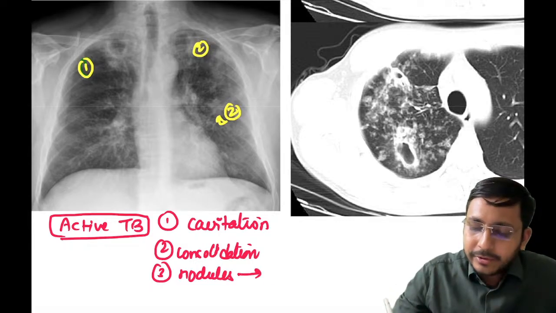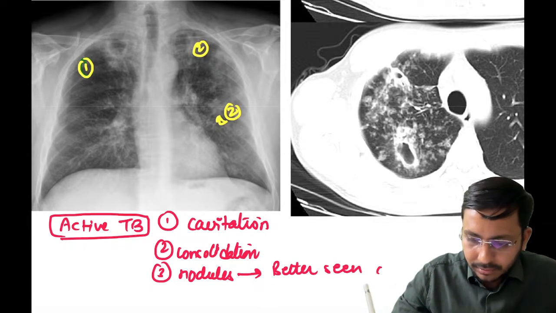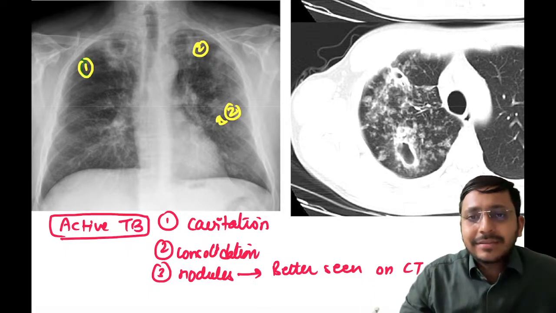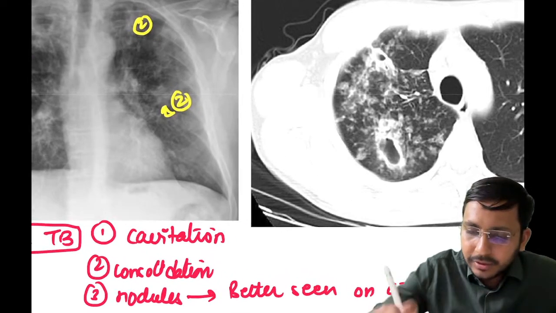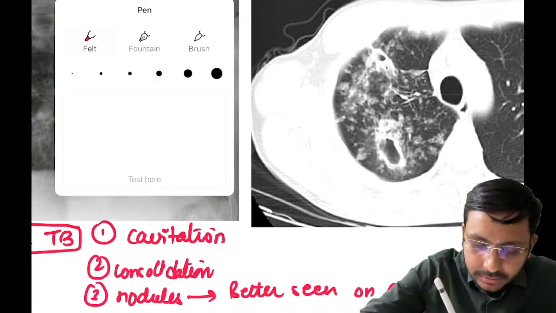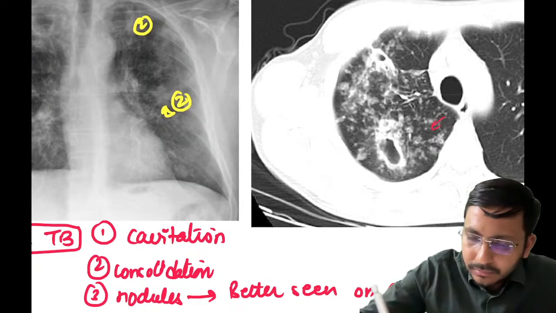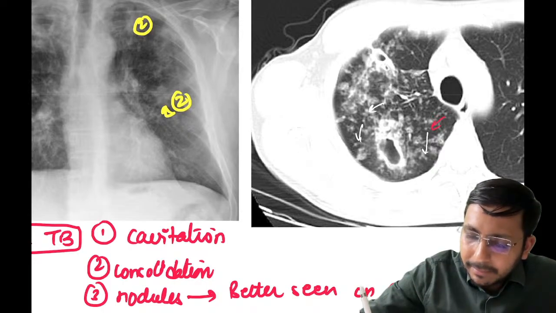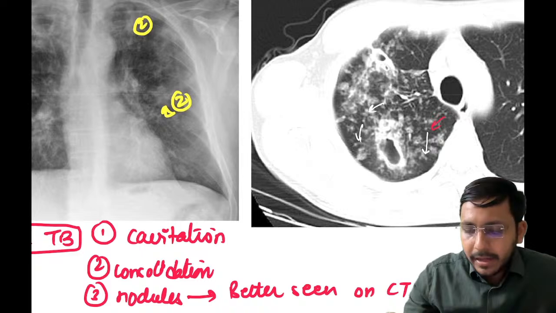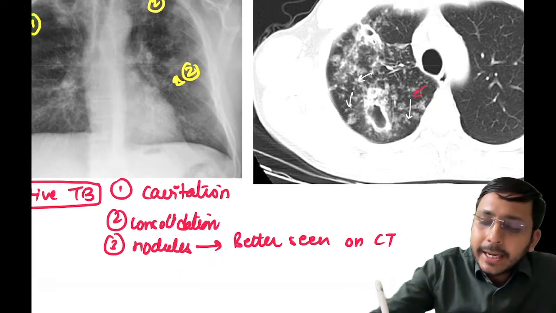right? Now nodules are better seen on a CT scan. Now what are the nodules? See these tiny nodules. यहाँ पे nodules है, multiple tiny nodules are there. Now these nodules have a typical name.